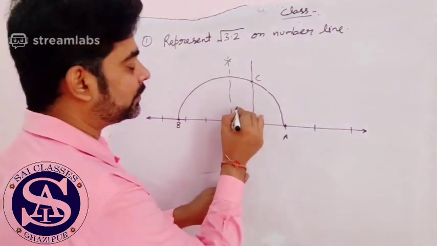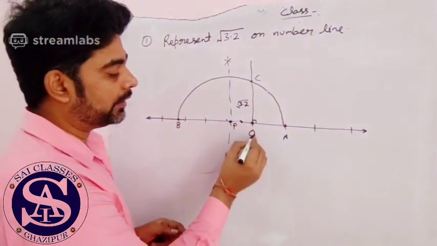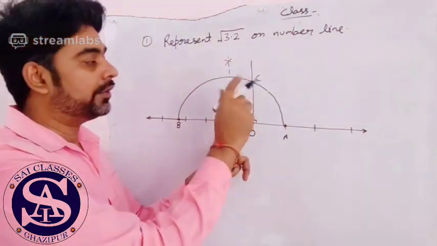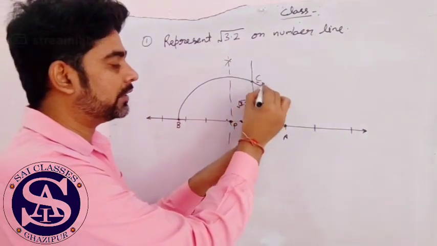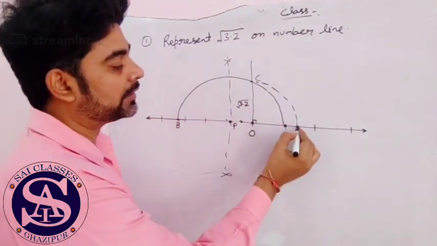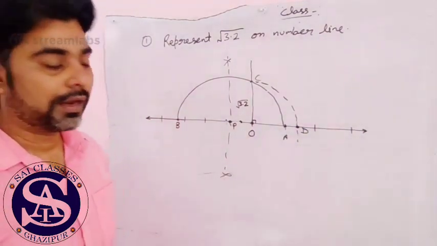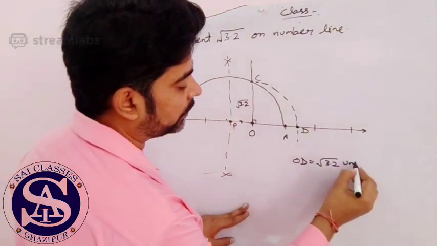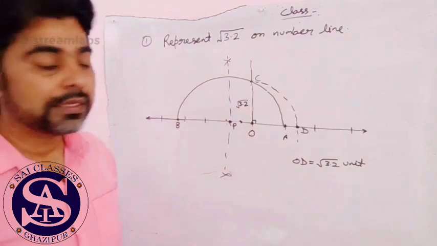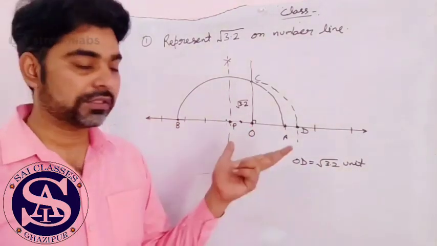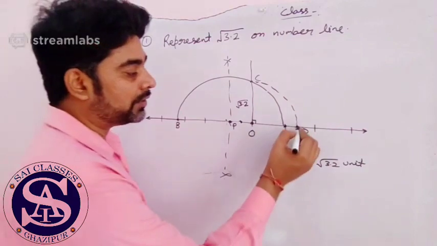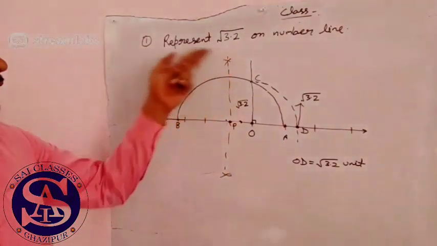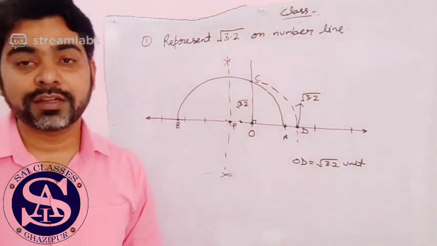Let's take O as the center and OC as the radius, and draw an arc which will intersect the number line, let's say at a point D. Now this OD is what? Square root 3.2 unit. Right? Since O is the origin of this number line, point D represents square root 3.2. So, hence you can represent square root 3.2 on the number line.